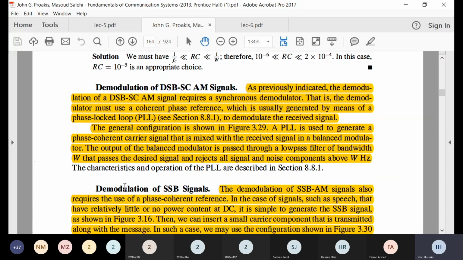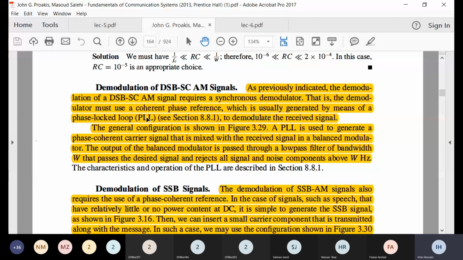Now, how can we demodulate DSB-SC, or double sideband suppressed carrier? We have seen that in suppressed carrier you do not have a carrier. So one approach is that you get the signal and pass it through a PLL, phase lock loop. You will also be doing them in your subsequent experiments in the lab.